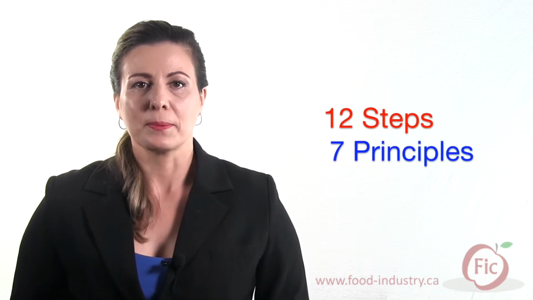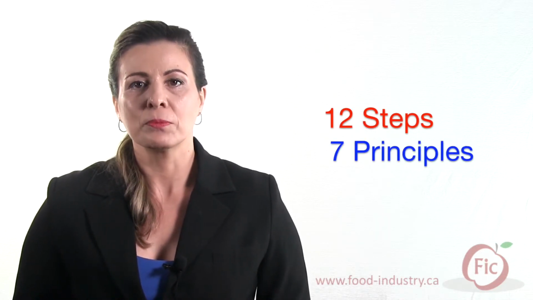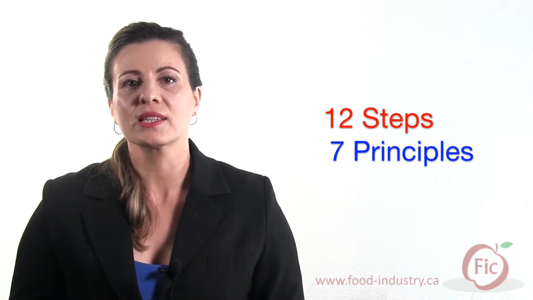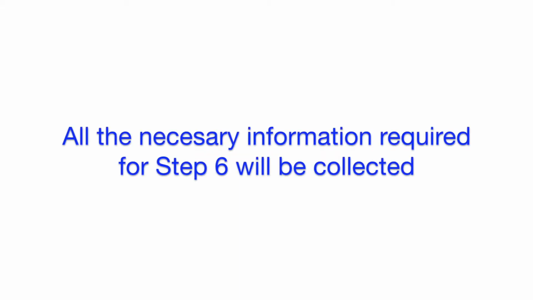HACCP plans are developed using 12 steps which incorporate the 7 principles of HACCP, standardized by the Codex Alimentarius Commission. The first step of HACCP is the designation of a HACCP team. In steps 2, 3, 4, and 5, all necessary information required for step 6 will be collected.